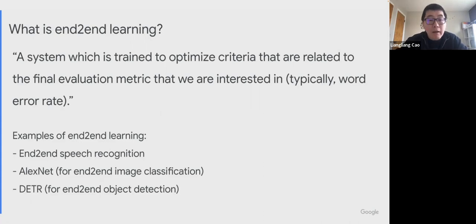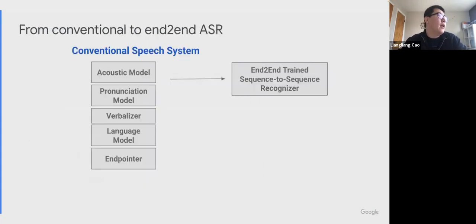That means we probably have more room to reduce the word error rate or improve the accuracy. And we will heavily rely on accelerators. That means TPU or GPU, those accelerators will do the heavy lifting.